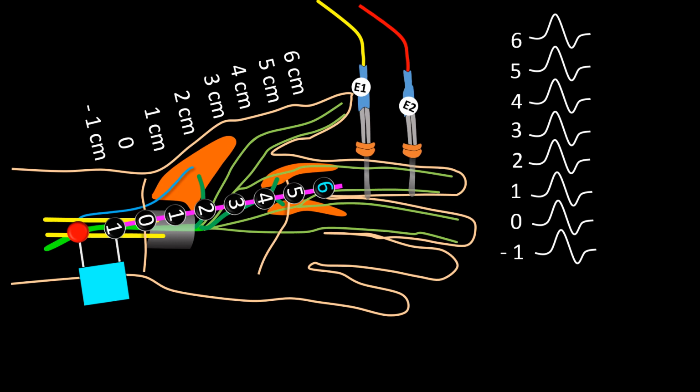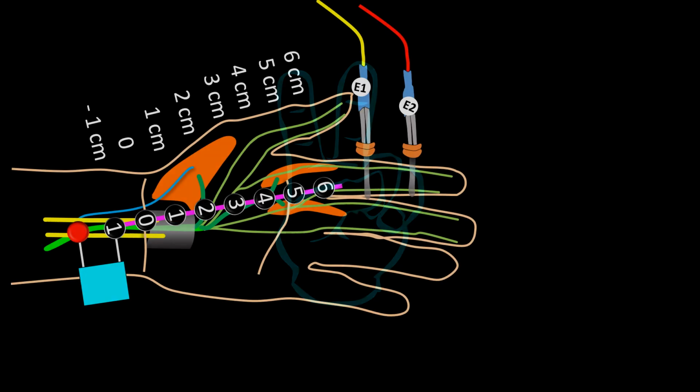And now 6 centimeters from point 0. These potentials can be grouped together, as I have just done, to see their contour and timing. In this case, as you can see, contour and timing is similar.